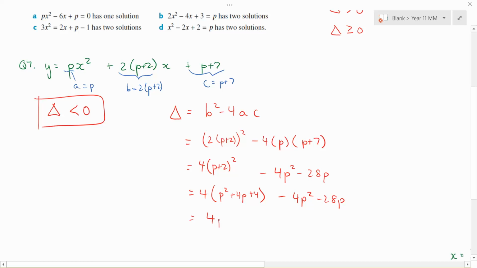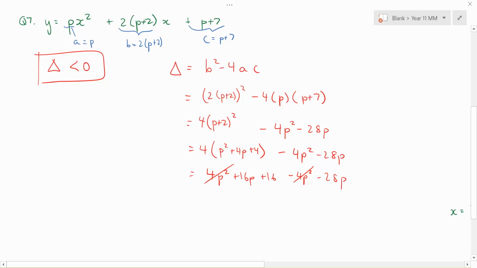Expand it further again: 4p squared plus 16p plus 16 minus 4p squared minus 28p. Okay, so 4p squared minus 4p squared cancels out. I'm just double checking if I've done everything correct. It looks good so far. 16p minus 28p will give you negative 12p, and that's plus 16. Okay, this is my discriminant.